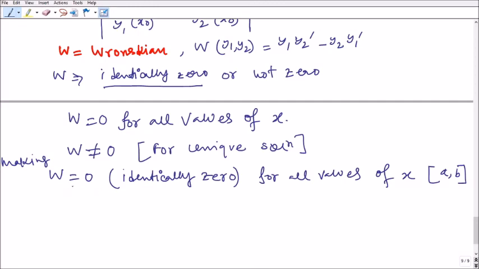So if w is equal to 0, then this term is also equal to 0, that is y1 y2 dash minus y2 y1 dash is equal to 0.